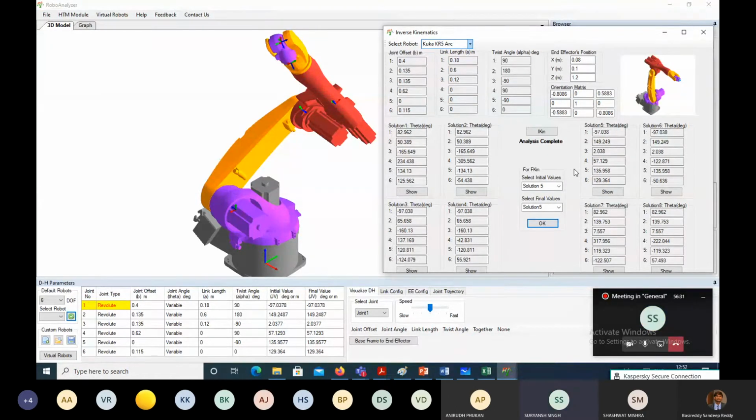Sir, these options, solution 1, solution 2, these are different initial values? No. These are when you are simulating the forward kinematics. So you are resubstituting all these values to get the end effector positions again, the XYZ positions again.